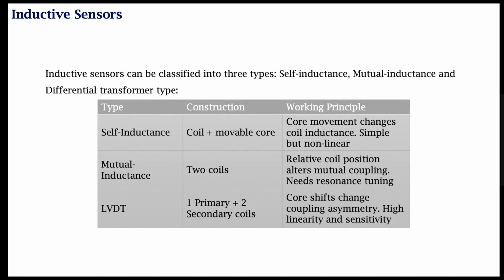So let us say a displacement of the core by some amount, say d, happens. The differential output between the two secondary coils is essentially a function of the displacement with some proportionality constant k. So if the displacement is d, the output voltage V naught is usually kd.